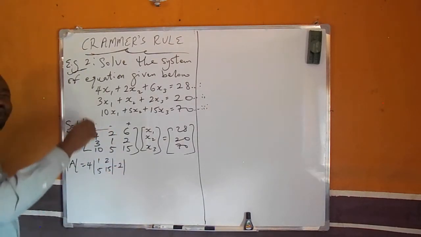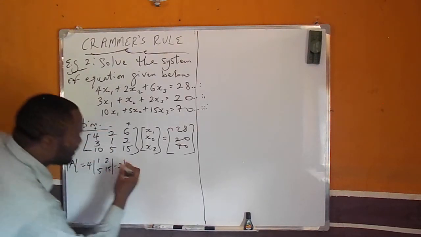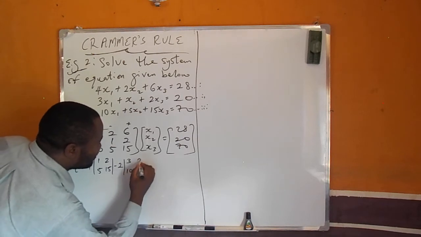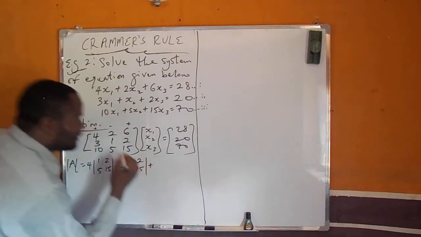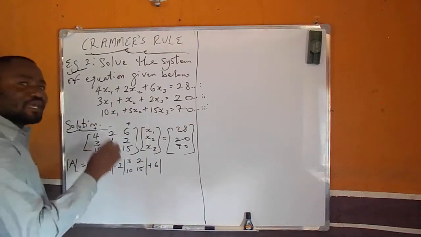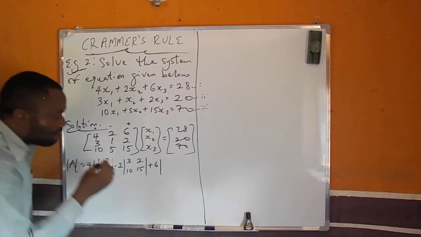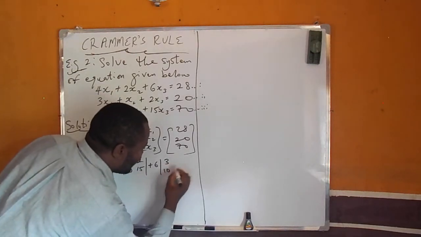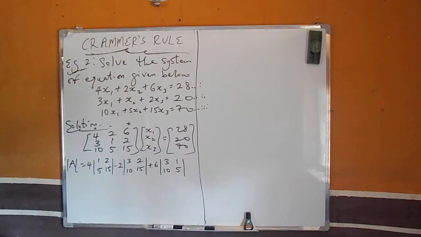You eliminate all on the same row and column with it, and you have 3, 10, 2, and 15. Then a positive sign, 6. You eliminate all on the same row and column with it, so you have 3, 10, 1, 5. This is what you have. Now we solve for the determinant of A.